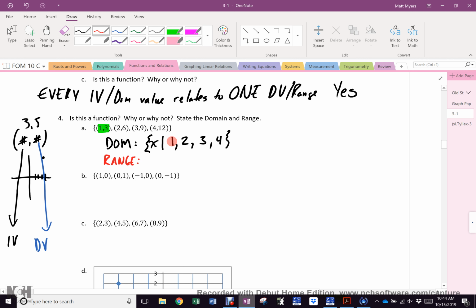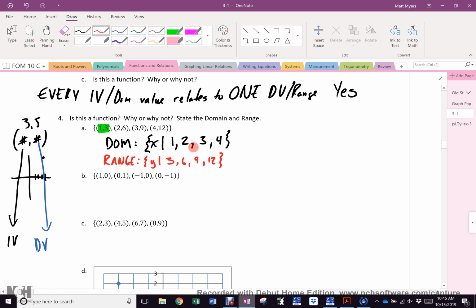Now notice, 1 went first, and then I went 2, 3, 4. What order did I put them in? Numerical order. So what is our range? Our y values are what? What's the lowest y value we have? 3, 6, 9, 12. Agreed?